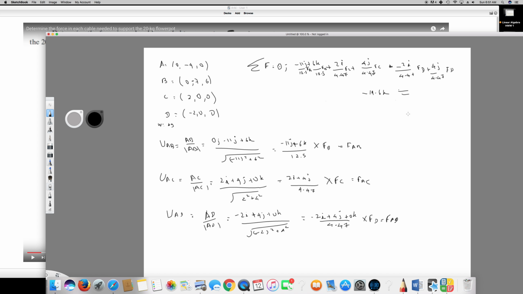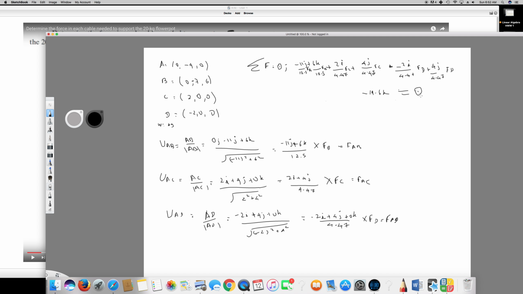What I have to do is add I with I, J with J, and K with K, and put each in a bracket. All of them are equal to 0, because that's the only way to make it equilibrium. Then solve each bracket separately.